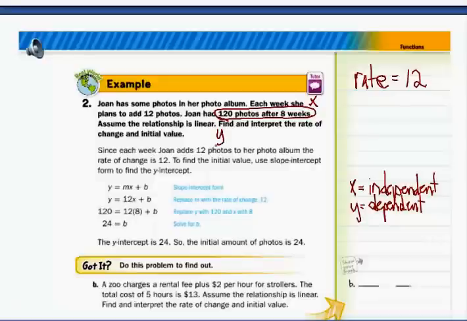Find and interpret the rate of change and the initial value. So if I'm looking for this, I've got Y equals MX plus B. All right, so my M is 12. And my X is 8. And my Y, 120.